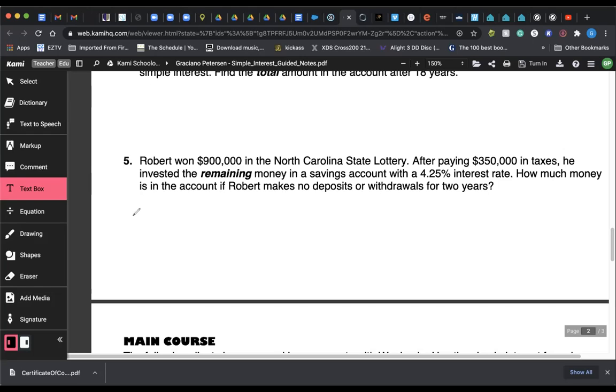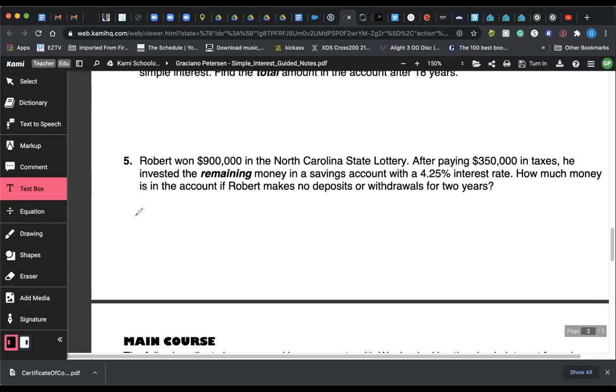All right, so this is the last one that we're going to do today, number 5. It says Robert won $900,000 in the North Carolina State Lottery. After paying $350,000 in taxes, he invested the remaining money in a savings account with a 4.25% interest rate. How much money is in the account if Robert makes no deposits or withdrawals for 2 years?